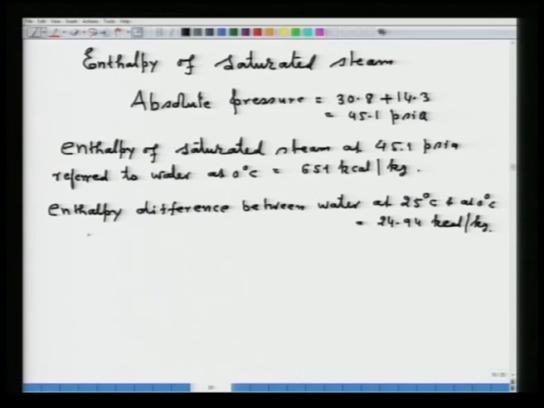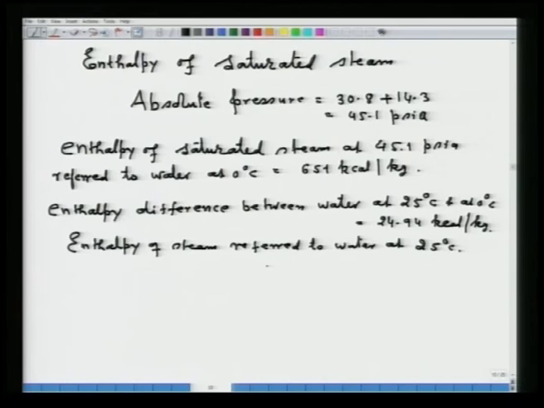Therefore, the enthalpy of steam referred to water at 25 degree Celsius is equal to 626 kilocalorie, approximately; it is 24.95, I took 25. So, it is kilocalorie per kg.